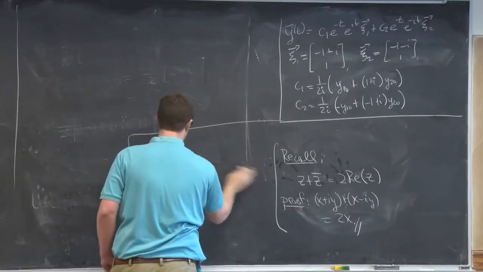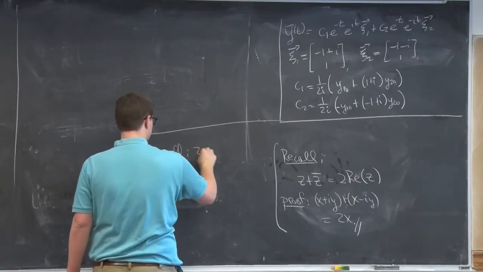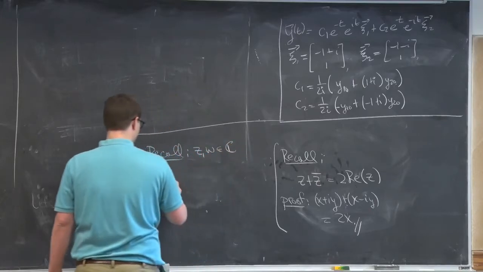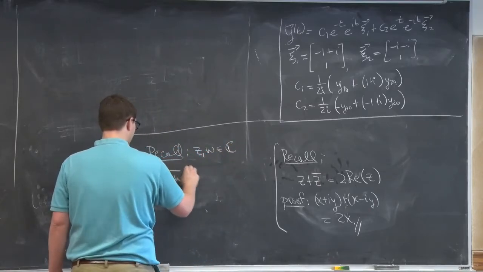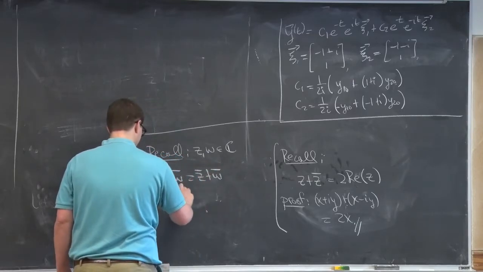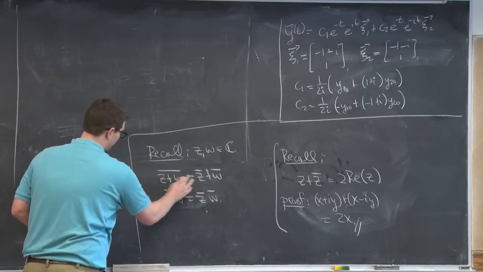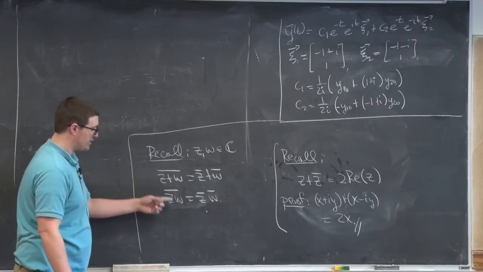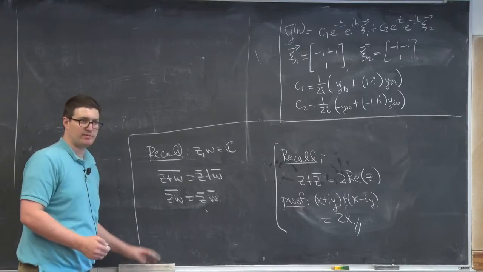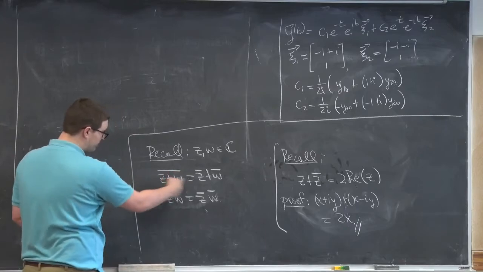This is a very important property: if Z and W are complex numbers, then the conjugate of Z plus W is Z bar plus W bar, and the conjugate of Z times W is Z bar times W bar. So it respects the operations of multiplication and addition. If anyone's taken abstract algebra, it's a field homomorphism, a field isomorphism. So we're using this property.